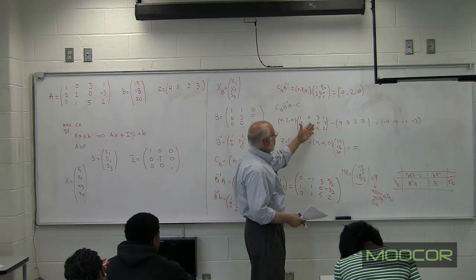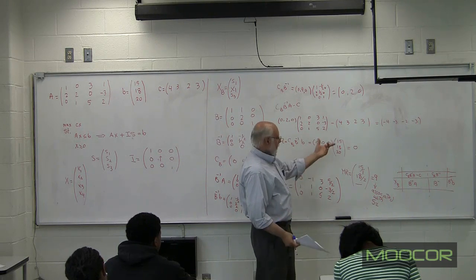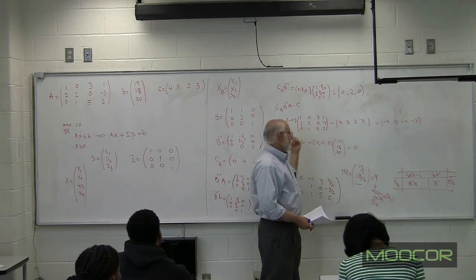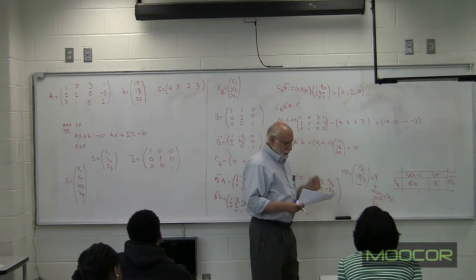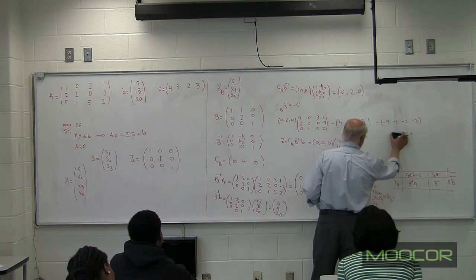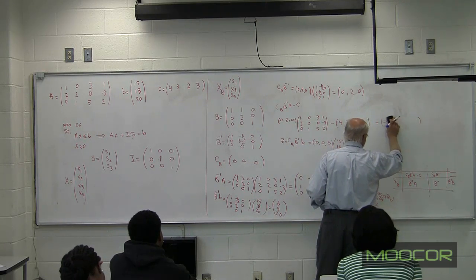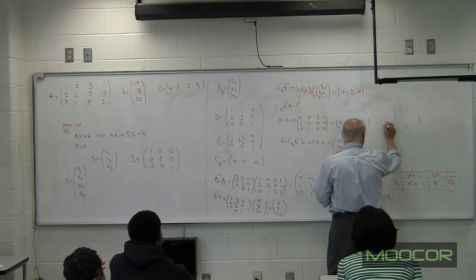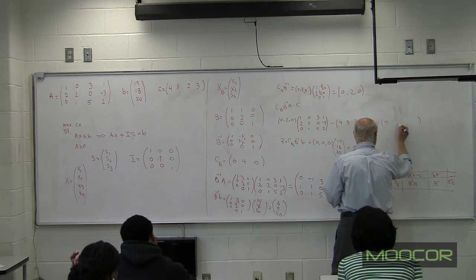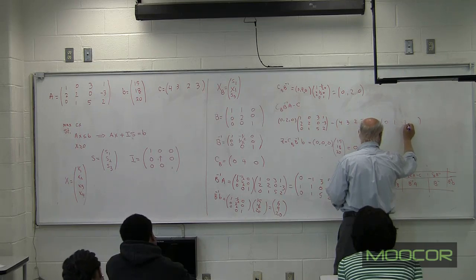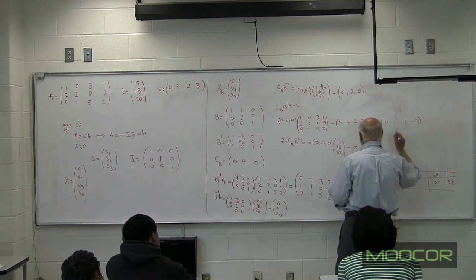When I multiply that and subtract the C, this is the original C, I will get 0, 1, -2, and -9.